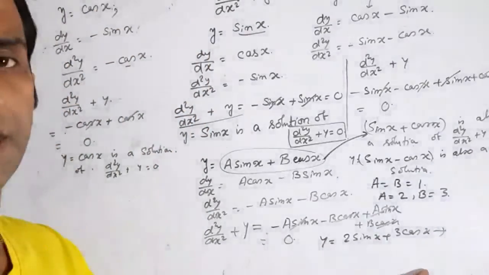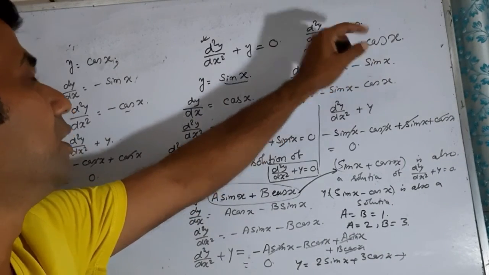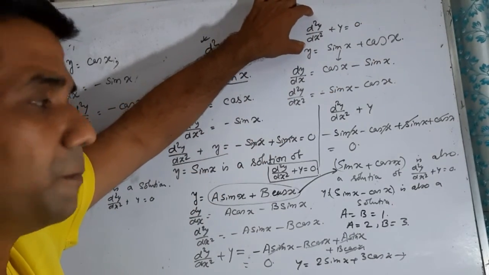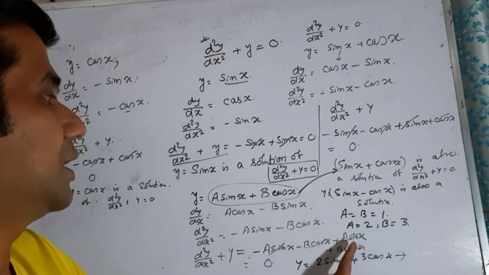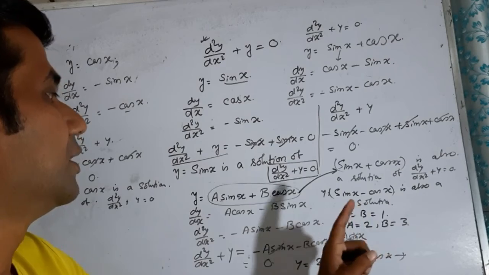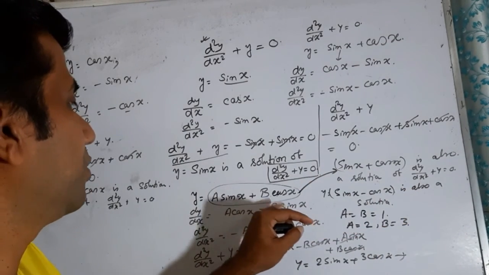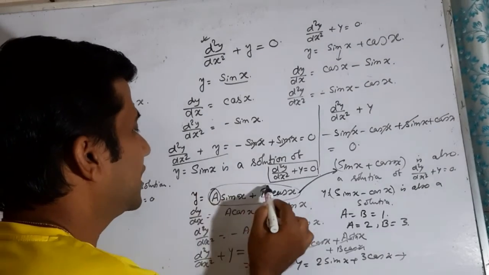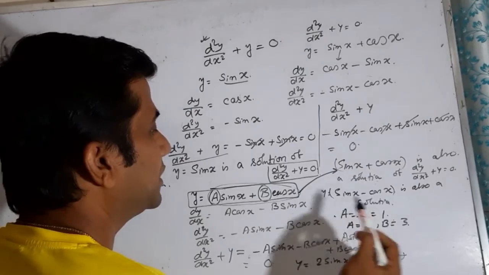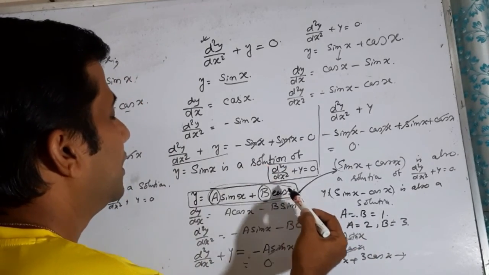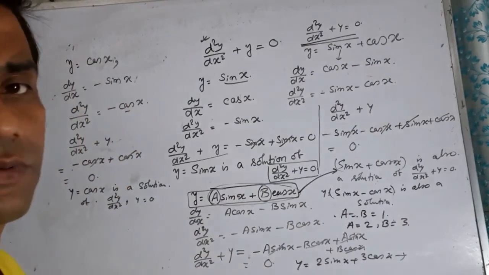So we say that for d2y/dx2 plus y is equal to 0, since its order is 2, you get only two arbitrary constants, a and b. Then a sin x plus b cos x, where a and b are arbitrary constants, is the general solution of d2y/dx2 plus y is equal to 0.